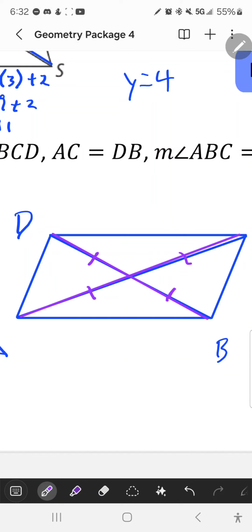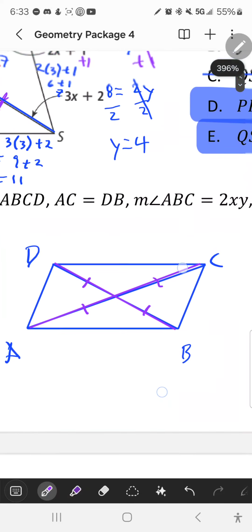And they're going to bisect each other, so they're going to divide each other in half. If we divide two values that are the same in half, for example, AC is equal 8, and if we divide it in half, then this will be 4 and this will be 4. And since DB is also equal 8 and we divide it in half, the part is also going to be equal 4. So the little parts are equal to each other.